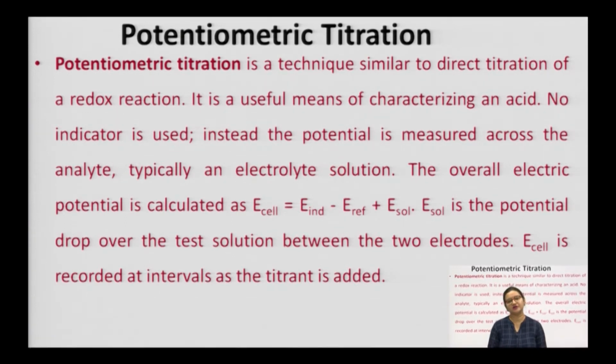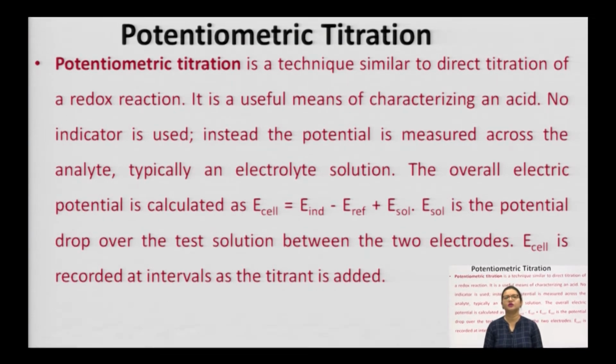The overall electric potential is measured as E cell, where capital E cell means the electrode potential of the whole cell. What type of cell? It is a potentiometric cell which involves mainly 4 components which we will study further in our next slides.